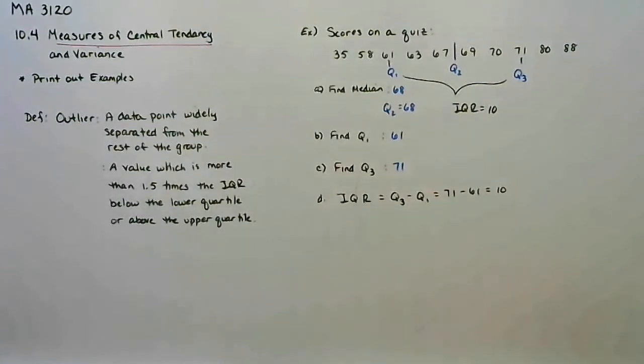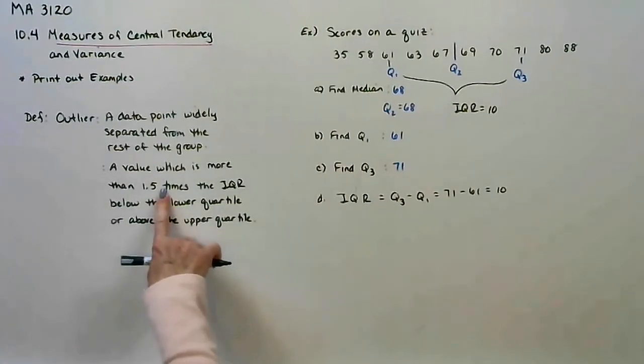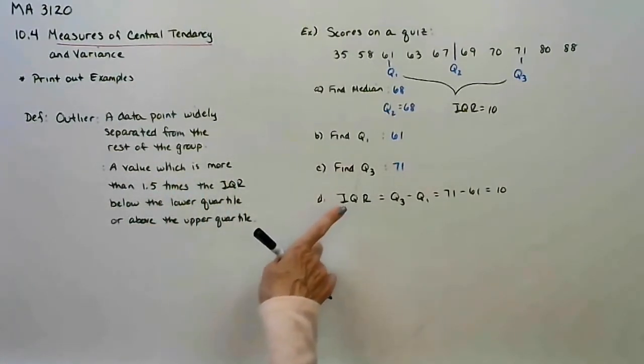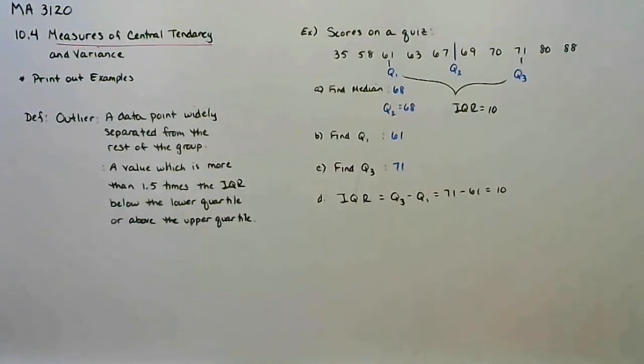Now by definition, a value is an outlier if it is 1.5 times the interquartile range larger than the upper quartile or smaller than the lower quartile. So let's figure that out.